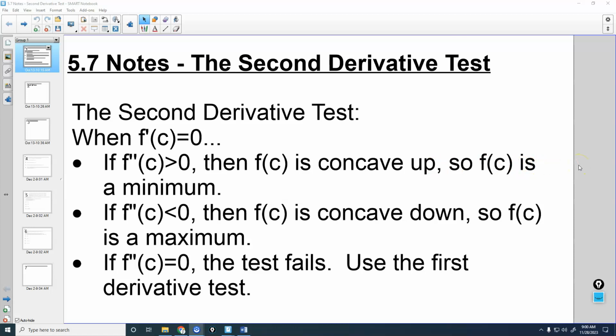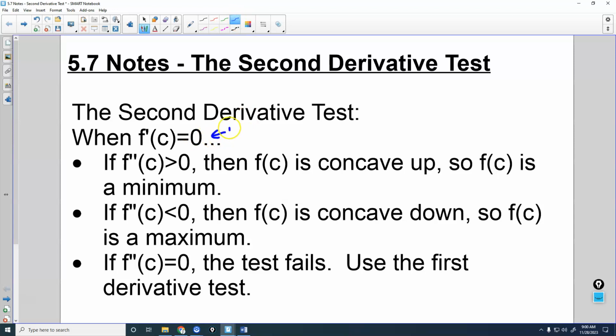If you want to sketch a little picture of what's happening there, if you have a first derivative of 0, that tells you that you have a horizontal tangent. And if the second derivative is positive, that tells you that you have something that's concave up.